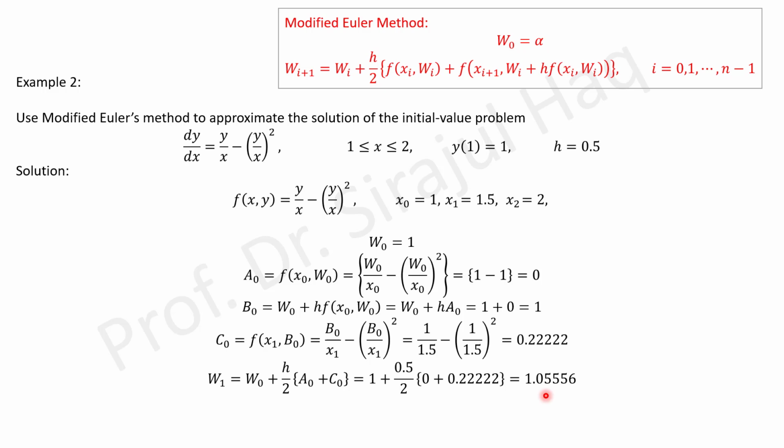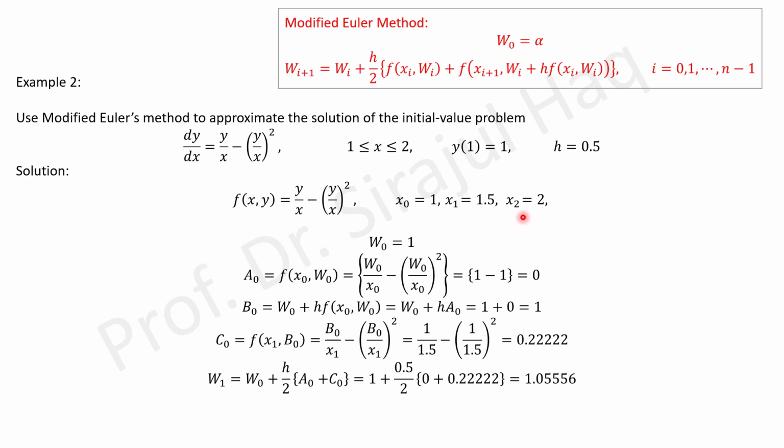Remember, when the exact solution is known, replace x by 1.5 in the exact solution, that will be exact, and this is approximate. The difference between the two will be the corresponding absolute error.